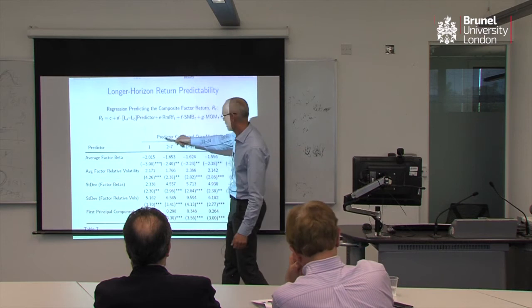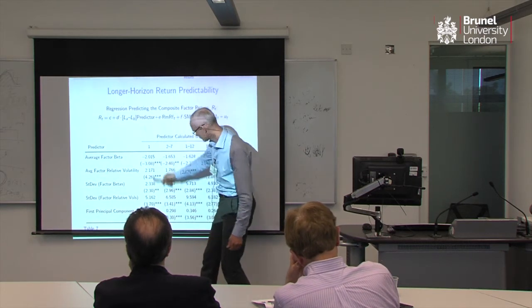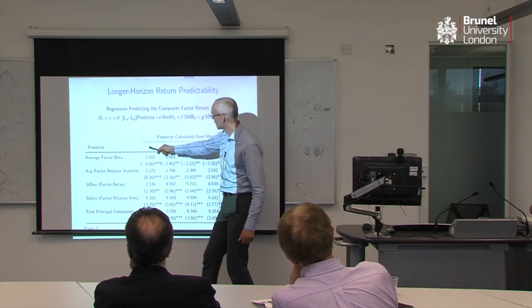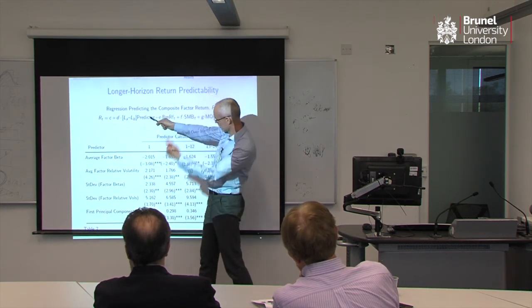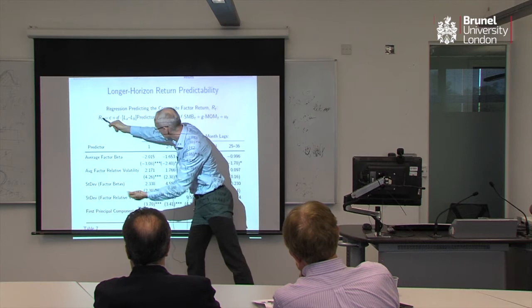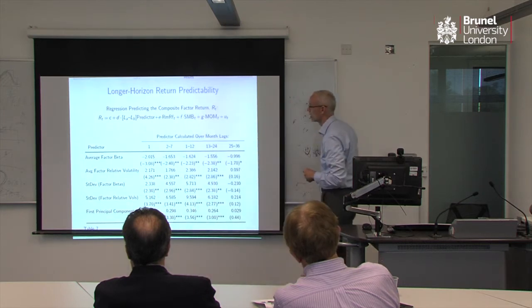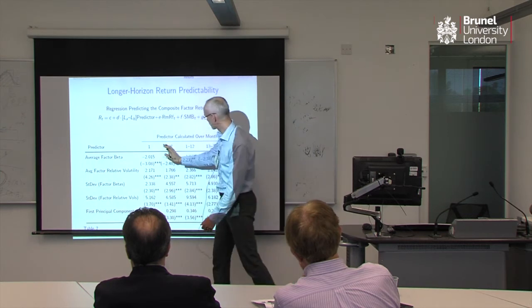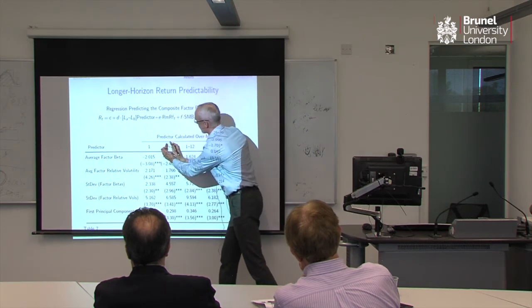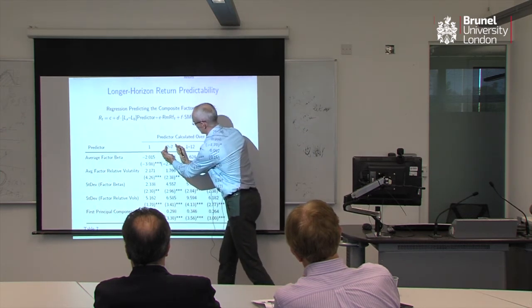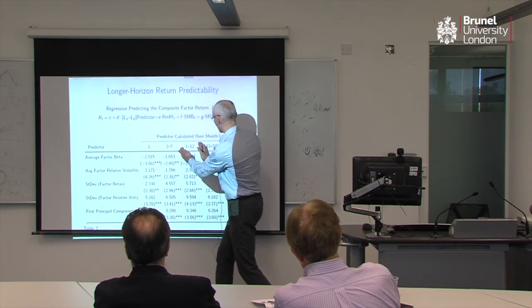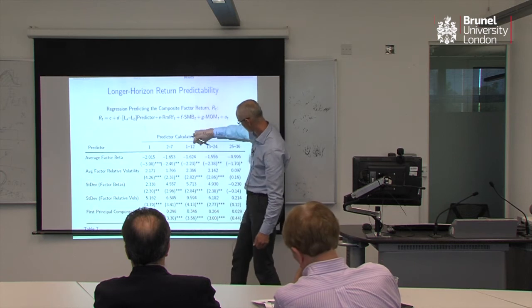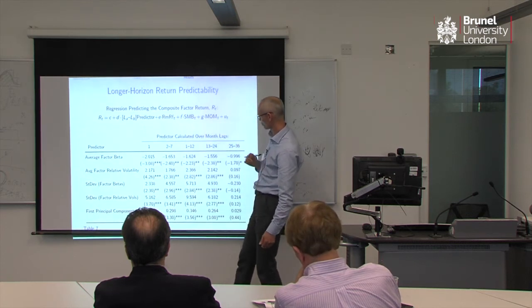This is a similar result to what I just showed you before, namely using the last month's first principal components to predict this month's composite factor returns. And then this is the predictor computed over the prior 6 months, and then the 12th month, and the year before, month 13 to 24.